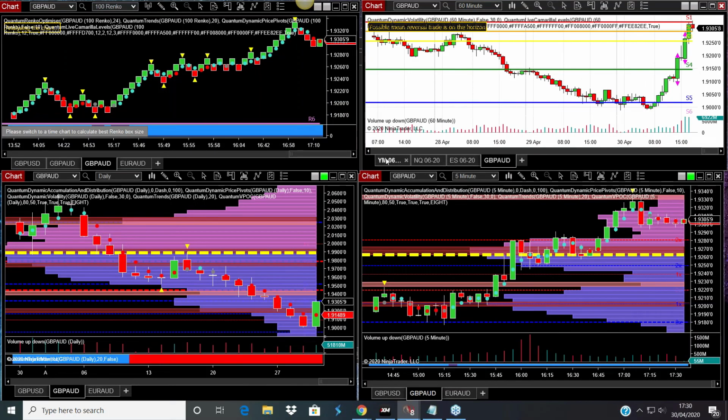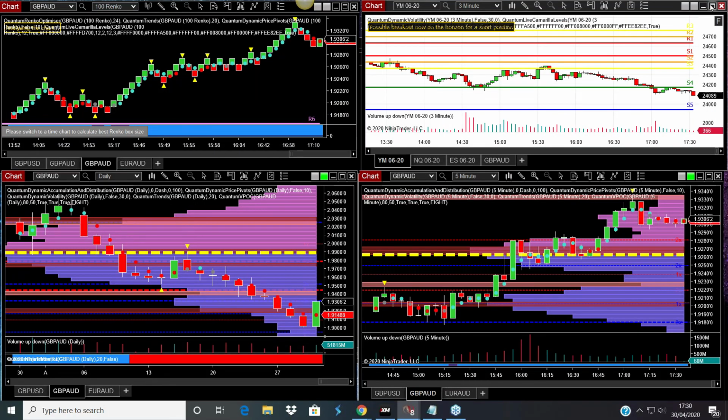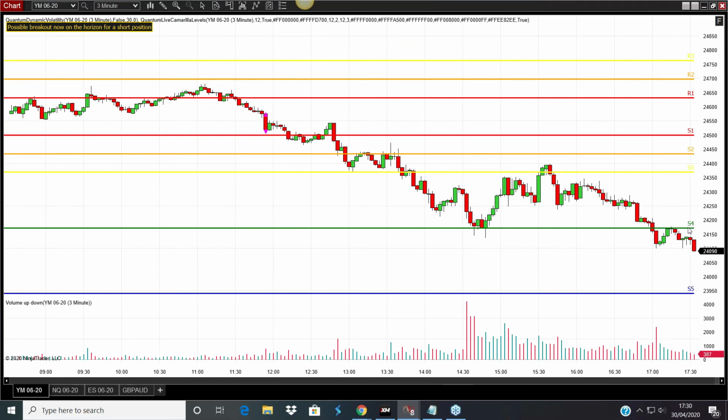So if we go back to the YM, we can see it's now falling, it's now moving, so it looks as though that's picking up some nice steam, nice momentum. This is where I'd go to perhaps my Renko chart and my time chart and look at my other indicators and see whether that is potentially a setup for a trade to the short side.